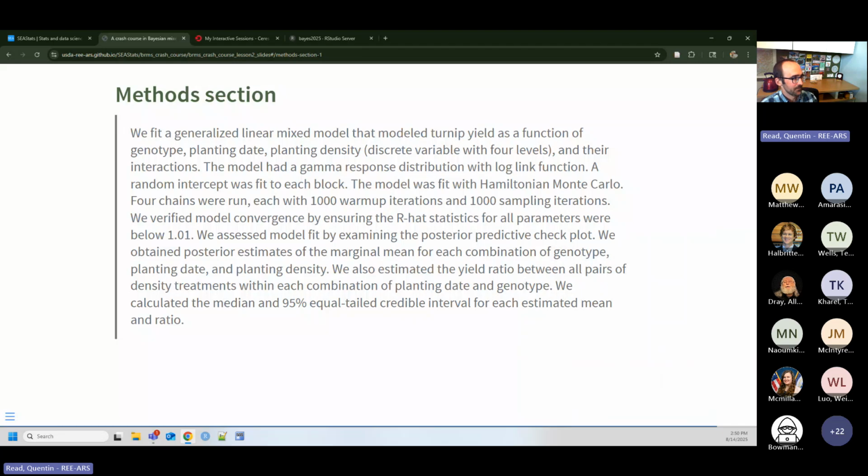So here's what you'd write in the methods. Again, I won't go through it now, but the basic idea is you talk about how you fit the model and what the model structure was. You could include model equations if you wanted, but I just have it described verbally here, and then the different predictions you made and what kind of comparisons you did.